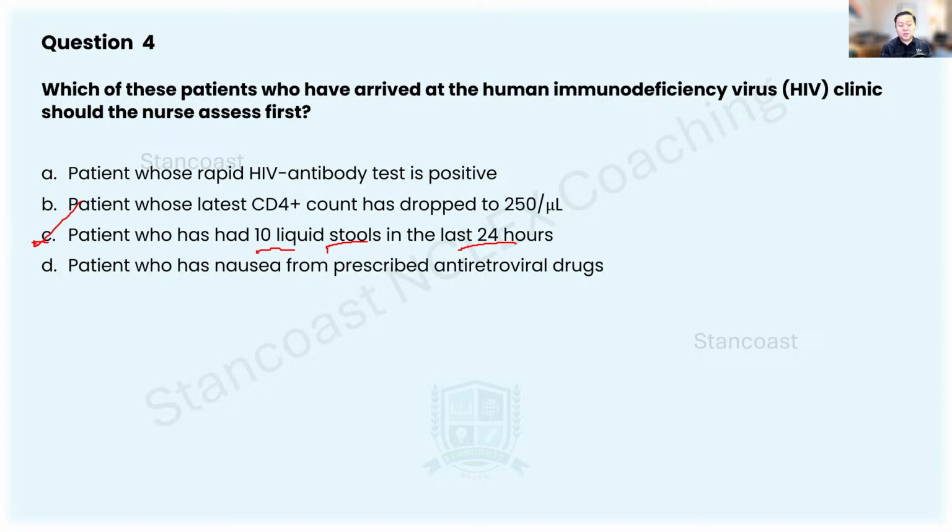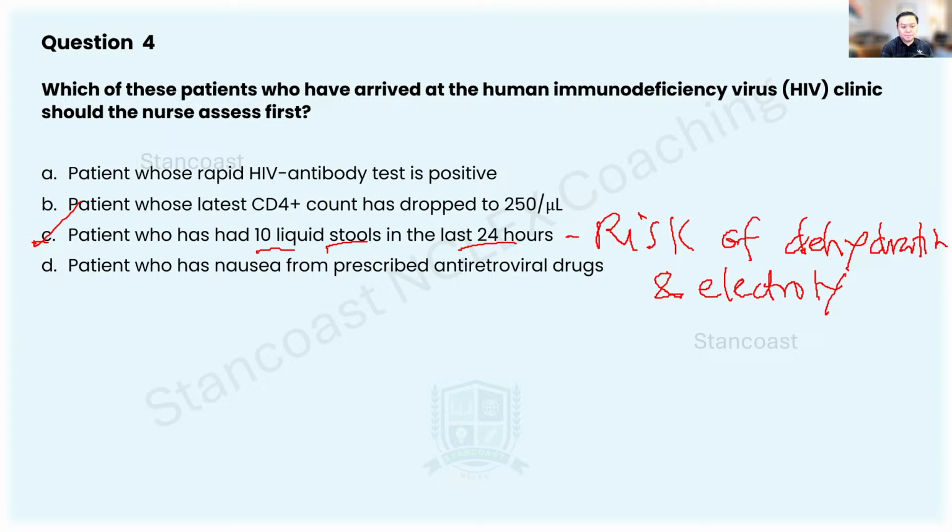The patient requires immediate assessment because of the risk of dehydration and electrolyte imbalances. You're going to lose a lot of the potassium ions here, especially with the diarrhea. 10 times? Oh boy, that's a lot. And it can lead to hypovolemic shock as well, if not managed well.